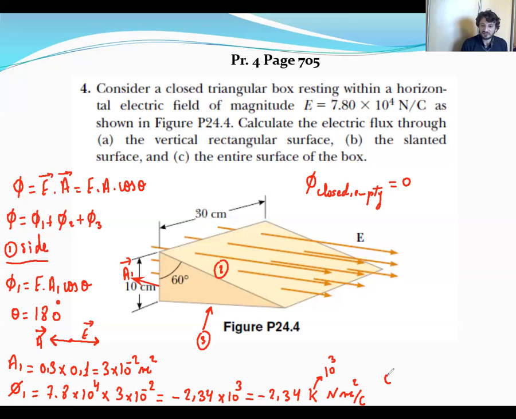The unit of the flux is Newton meter square per Coulomb, the unit of E is Newton per Coulomb, and the unit of A is meter square.